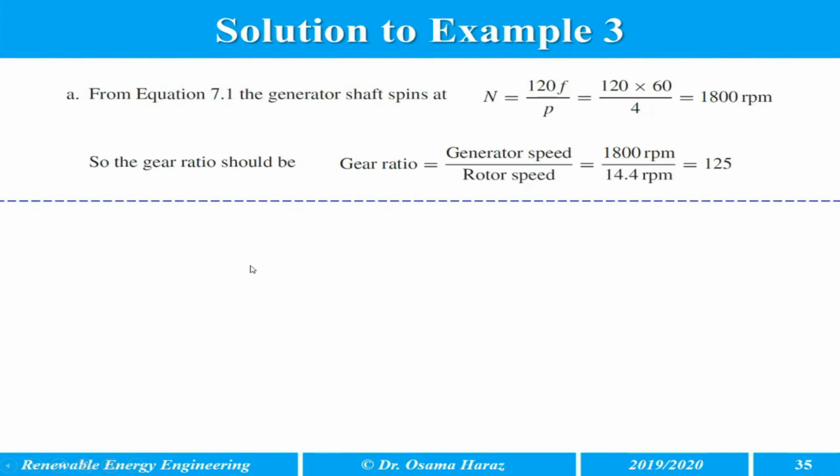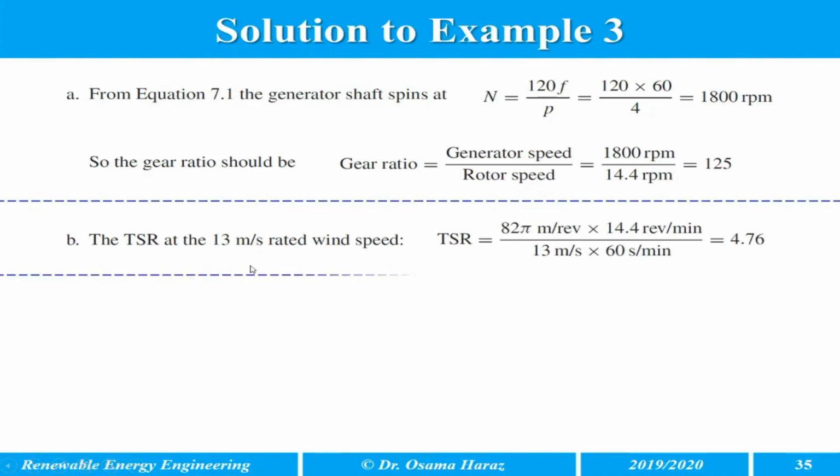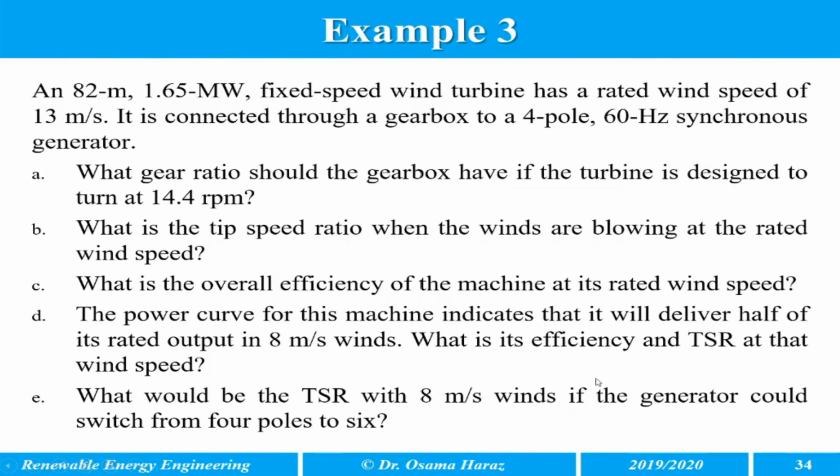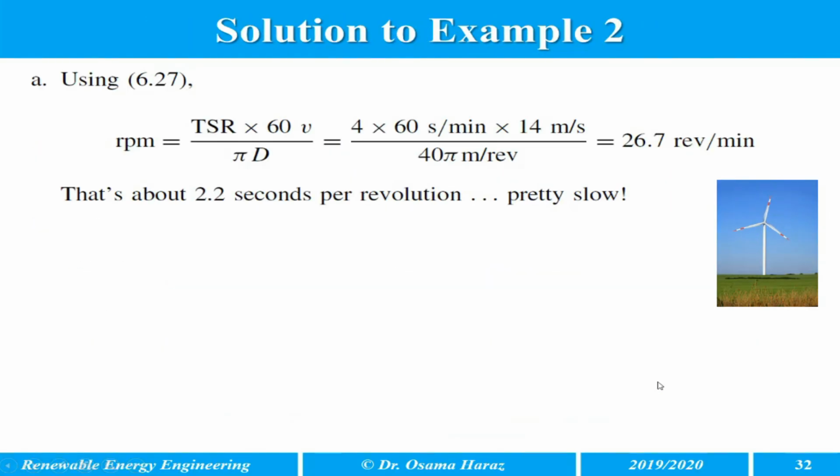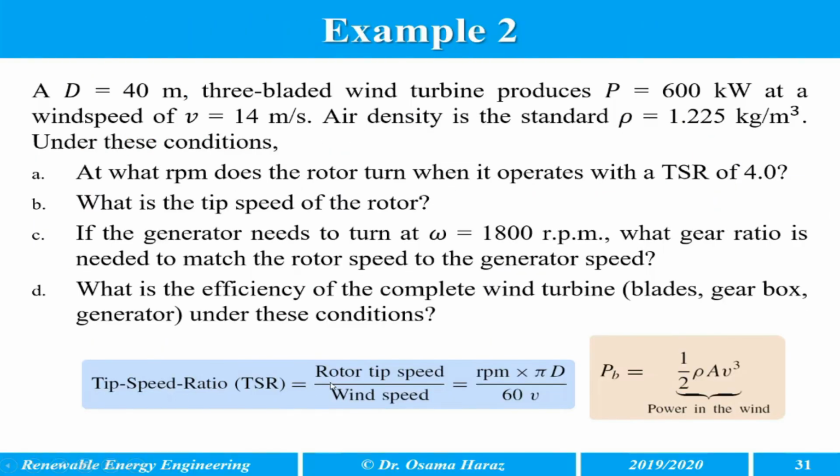Part B, we need to calculate the TSR at 13 meters per second. So TSR is, as we mentioned before, from this equation, the RPM times D over 60V.